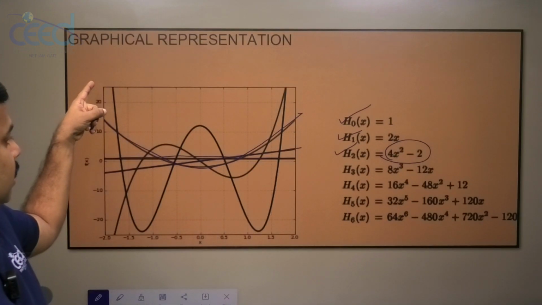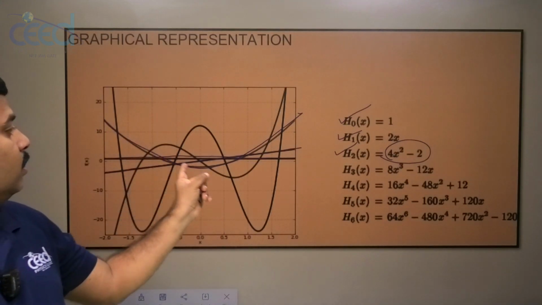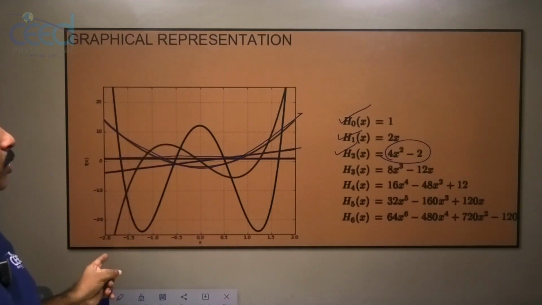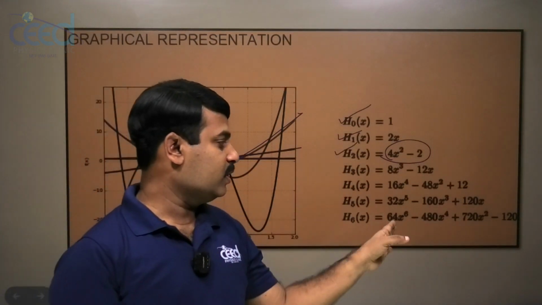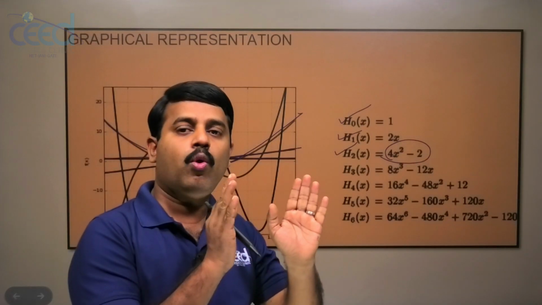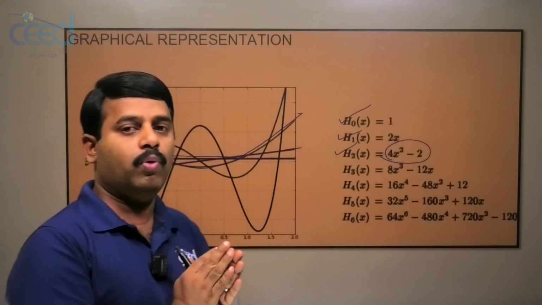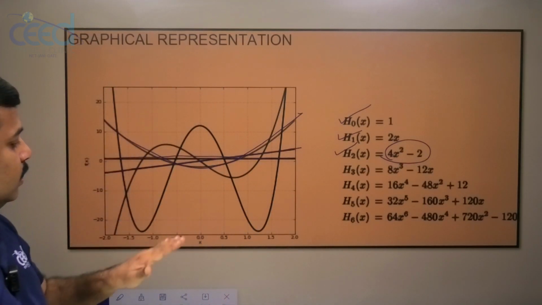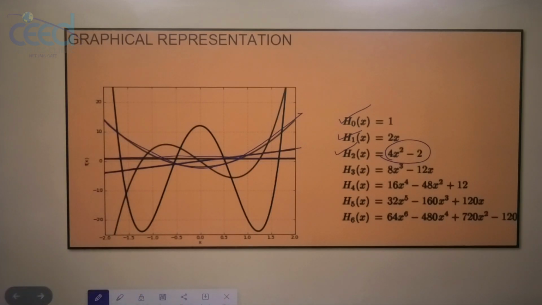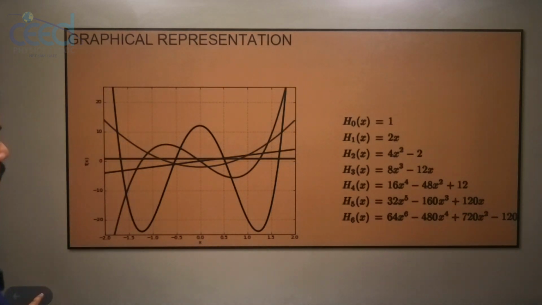Cubic is represented like this only. So based on the function value, we can plot different Hermite polynomials, like this. All right. Now let us go to another section.